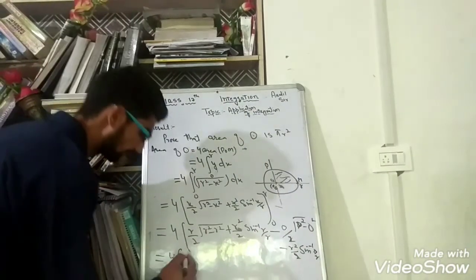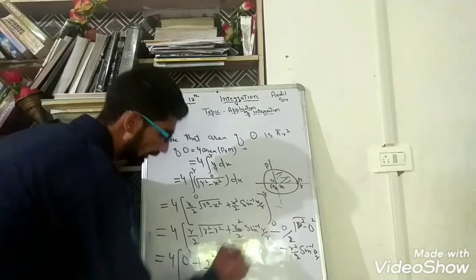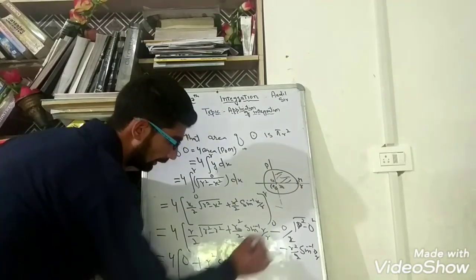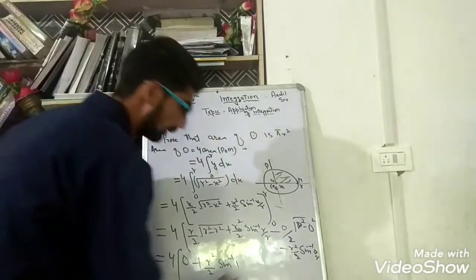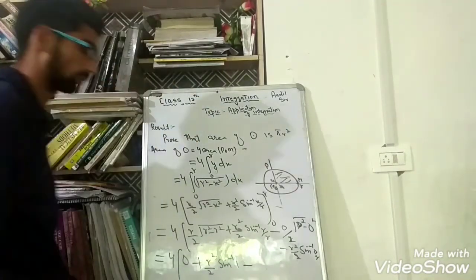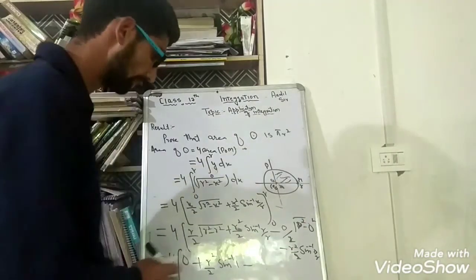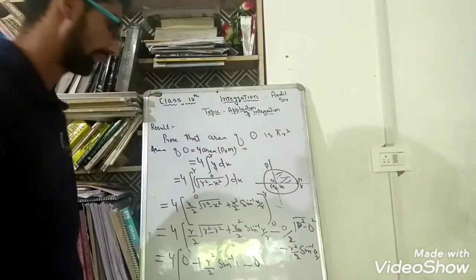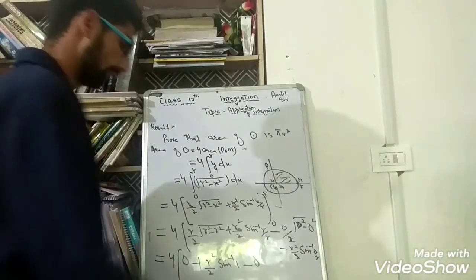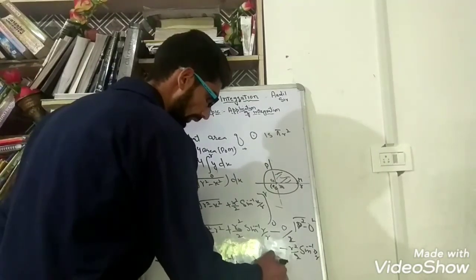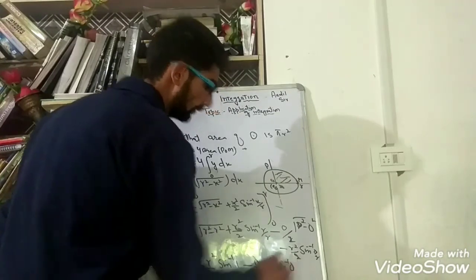So it will be 0 plus r square divided by 2 sine inverse of r divided by r, that is 1, minus, you check here, 0 divided by 2, 0 into something is again 0, but here it is minus r square divided by 2 sine inverse of 0 divided by r, that is 0.